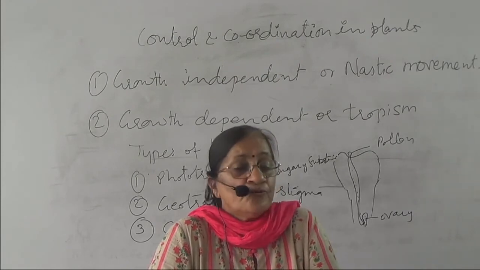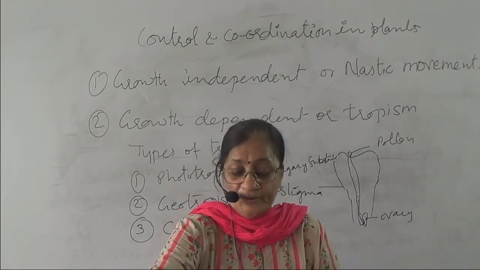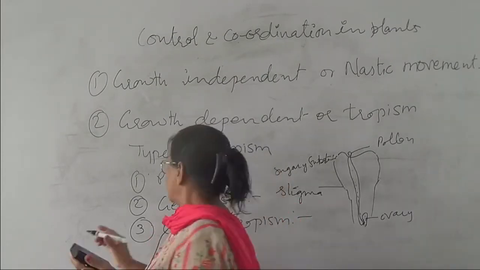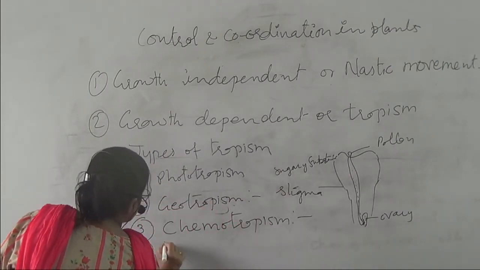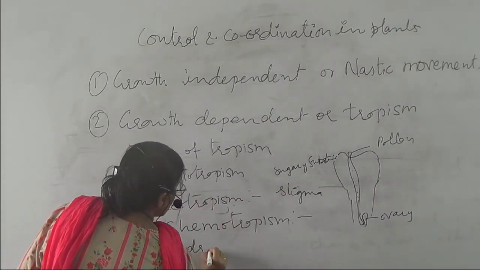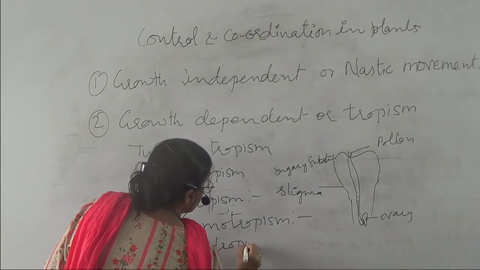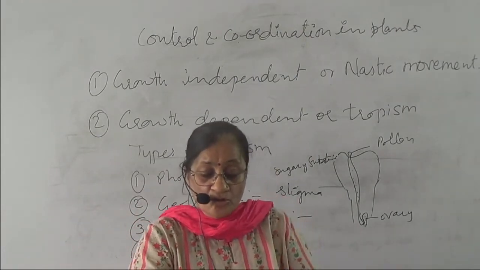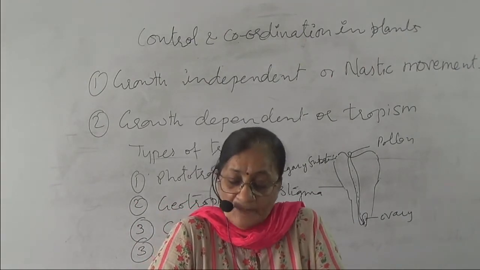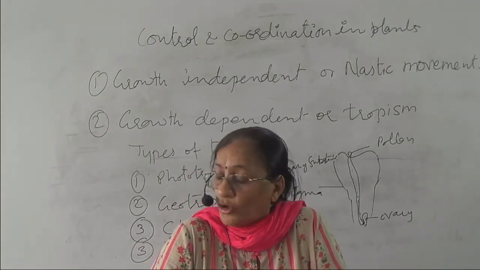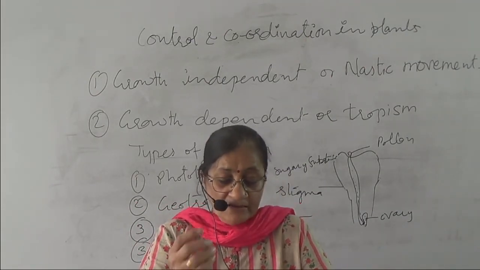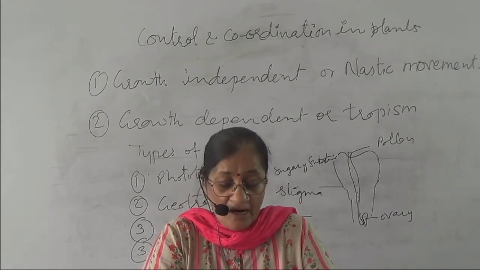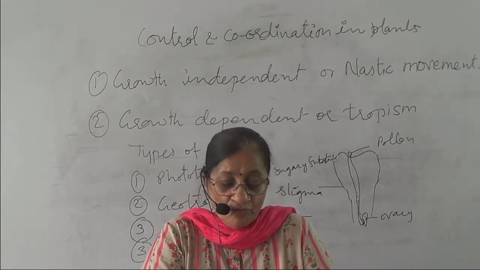Now, fourth type of tropism is called as hydrotropism. Hydrotropism. Hydro mean water. Now it is the directional movement of plant part in response to water stimulus.